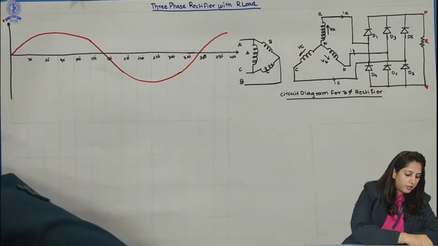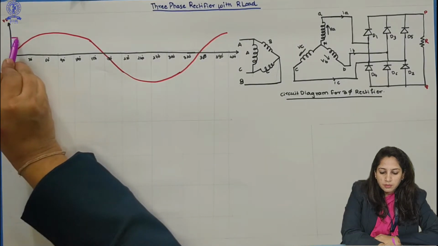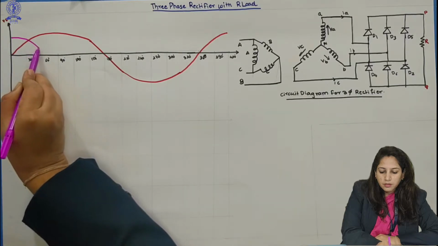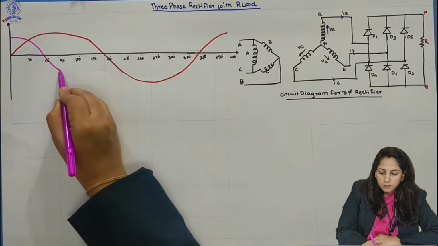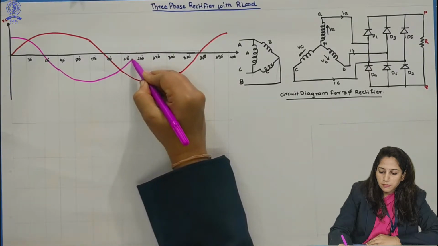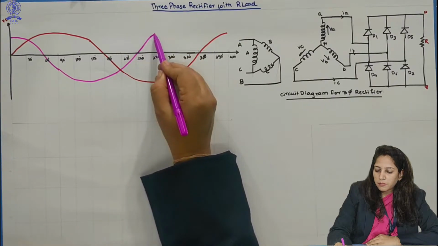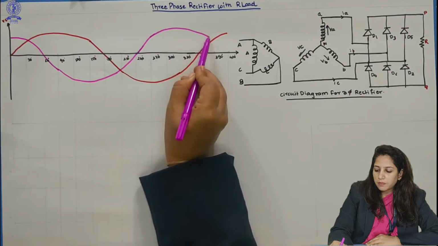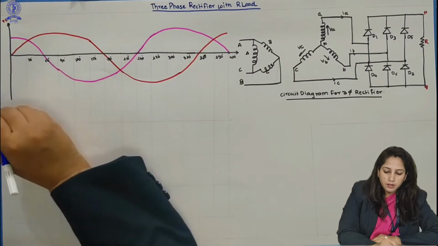This is R. For yellow I will use a pink pen, and then B, blue.